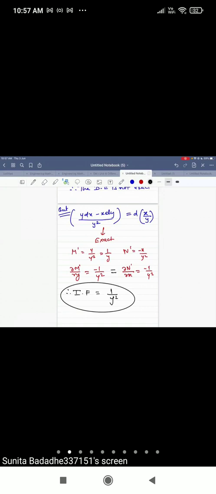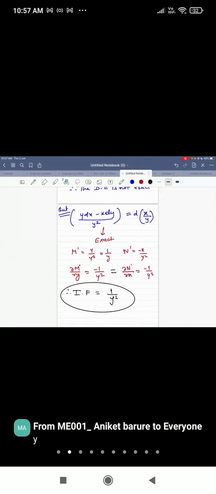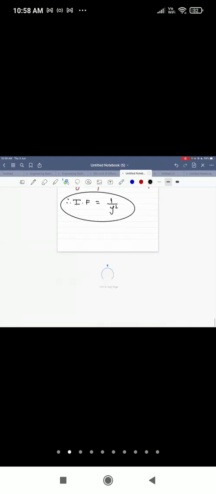Is the integrating factor definition clear to you? Now you must be worried about whether it is always possible to get the integrating factor like this by inspection. The answer is no. Always by inspection, you cannot find the integrating factor. Therefore, there are certain rules, and those rules we are going to discuss. Only the first rule I'll tell and will stop.